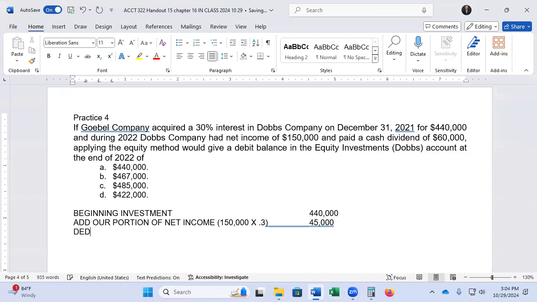We have to deduct dividends received. So they paid out 60,000. And our portion of it was 30%.